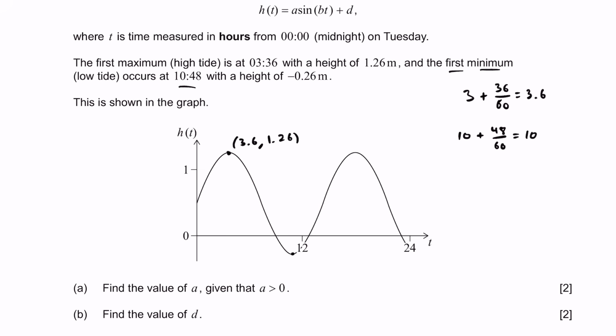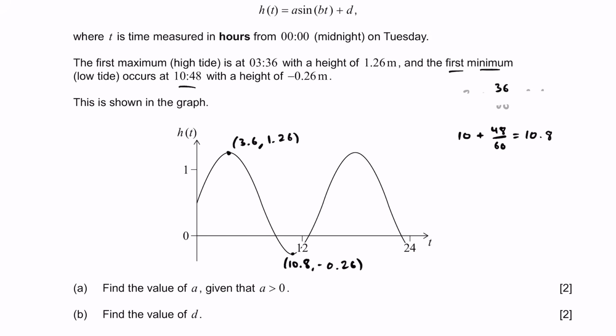So 10 hours plus 48 over 60, or 4/5 of an hour, or 8/10, 10.8. So after 10.8 hours have elapsed, the height is now negative 0.26. Okay. So working with time, we have to be careful about what our inputs are, essentially.